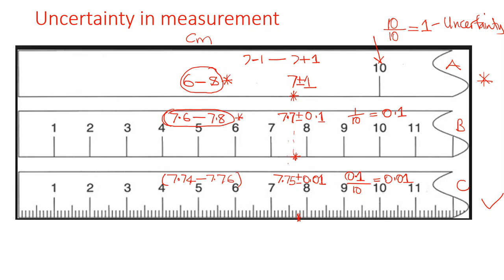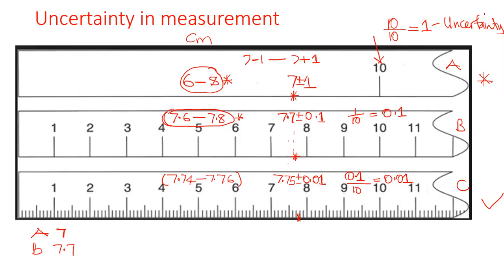For example, ruler A, our value was 7. Ruler B, our value was 7.7.